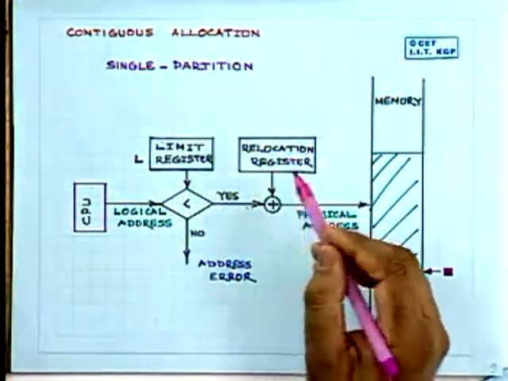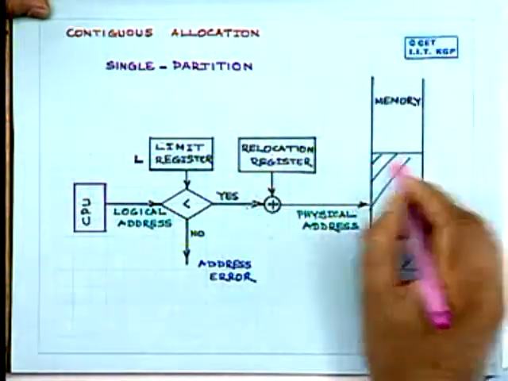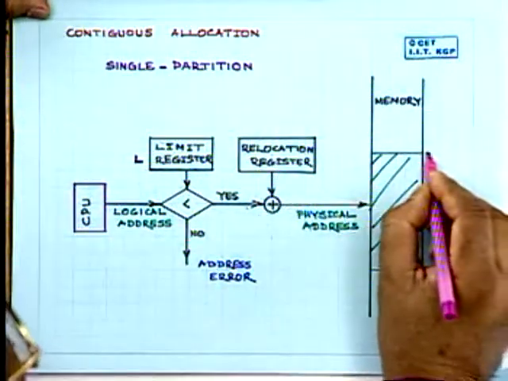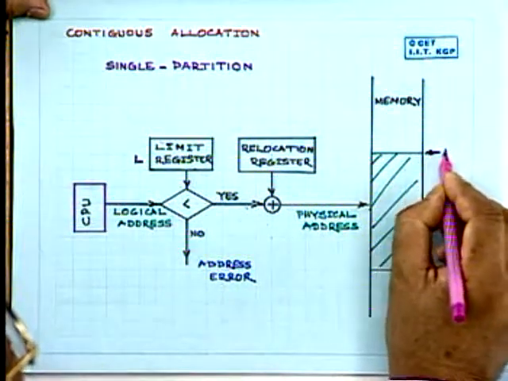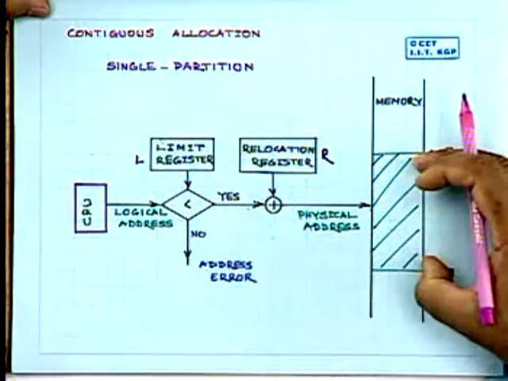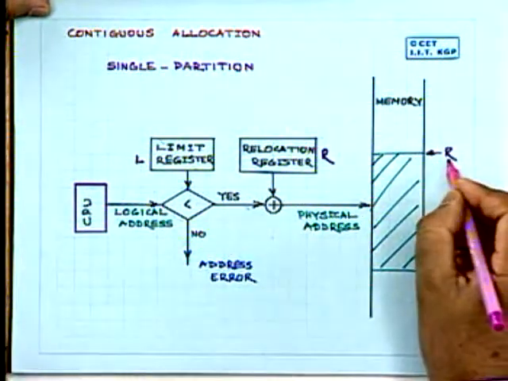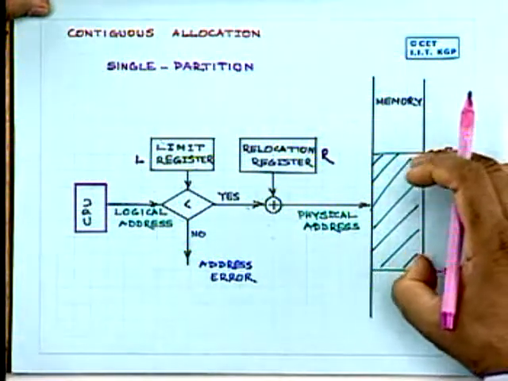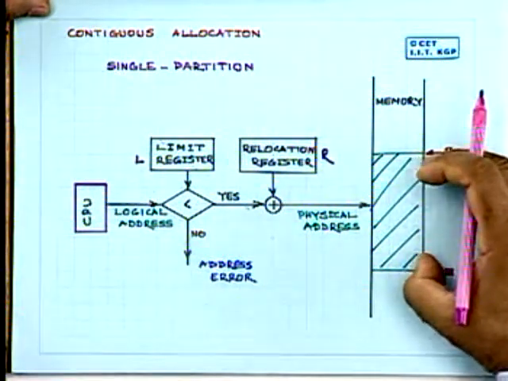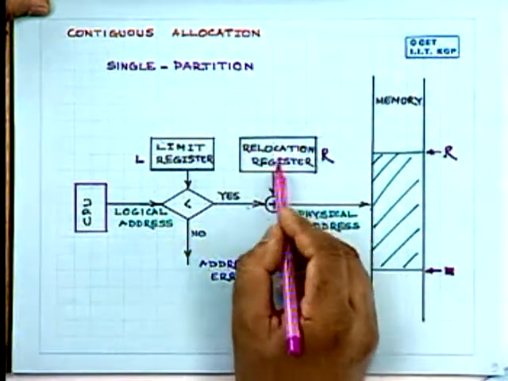In that case, there is a relocation register here. Say this is R, and that value is kept here. That means the starting address of where this object module has been loaded will be kept in the relocation register.